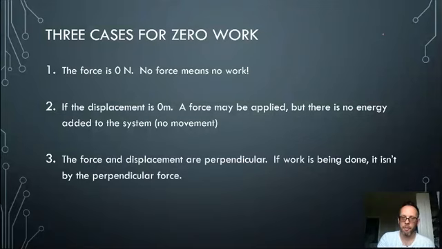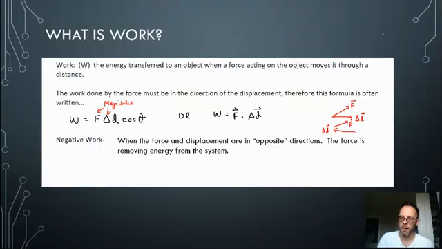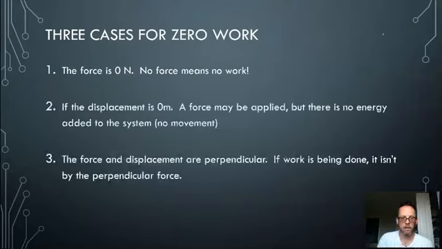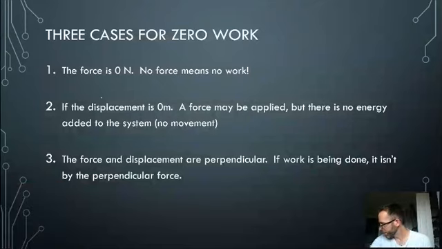And finally, the third part of that formula is cos theta. And if you recall from your earlier math courses, or if you want to check on your calculator, cos theta is 0 when the angle is 90 degrees.